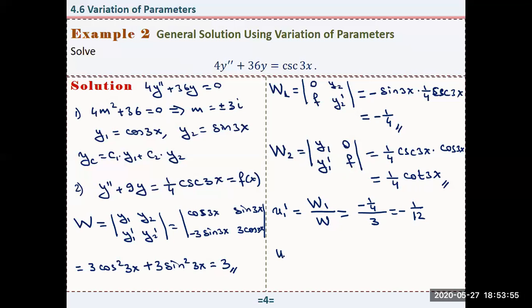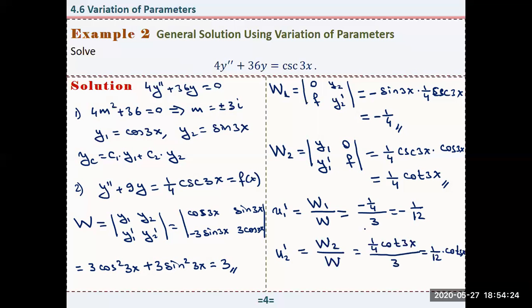And here u sub 2 prime is equal to W sub 2 over W, and W sub 2 is 1 over 4 cotangent of 3x, and this W is 3, which is equal to 1 over 12 times cotangent of 3x.